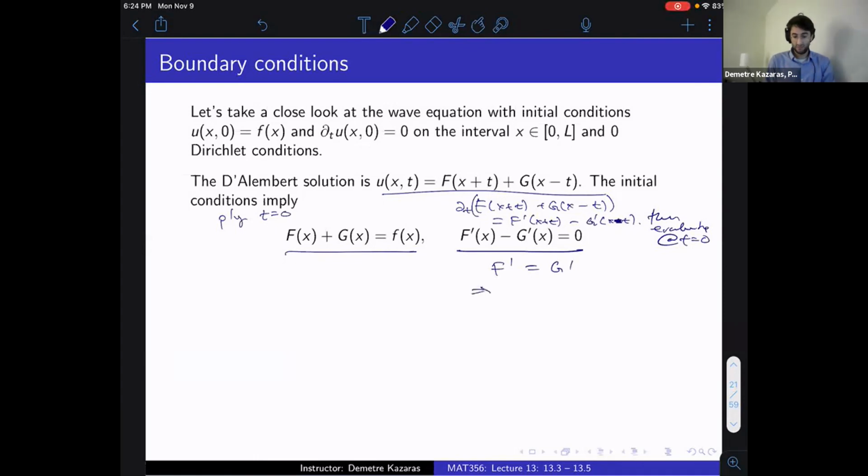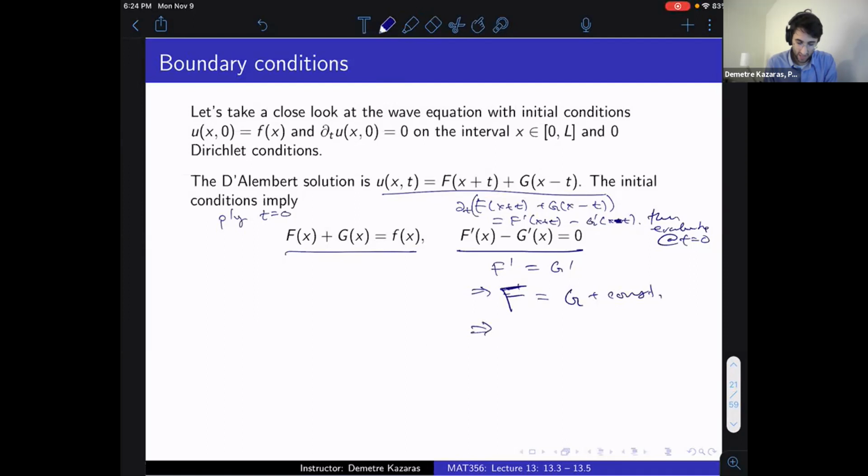And so they're just functions of one variable whose derivatives are the same, so they just have to differ by a constant. So f itself, if you integrate, is going to be equal to g plus a constant. And that constant actually won't matter because f and g need to add up to be little f. Let me just tell you what's happening here.